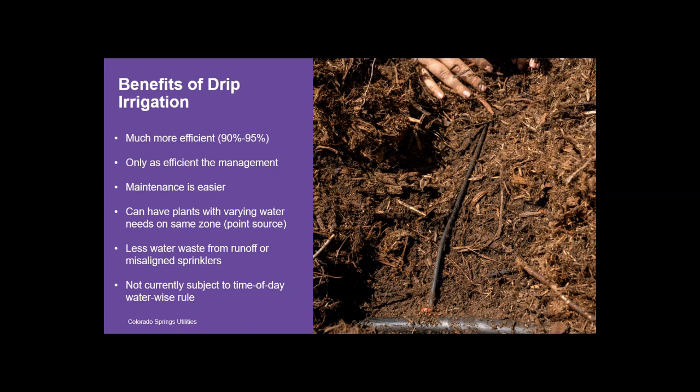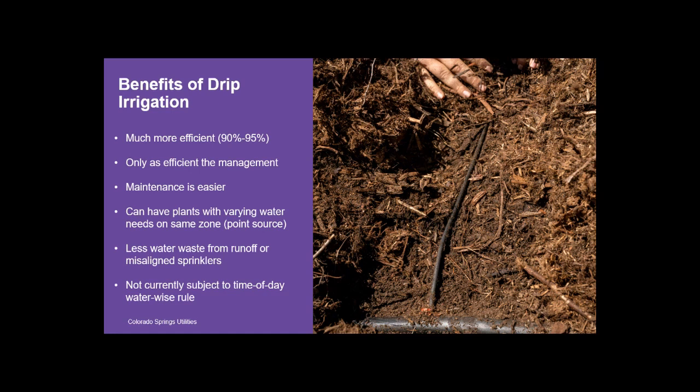We're losing it either through runoff, oversaturation, or evaporation or wind drift. Versus drip irrigation, which is 90 to 95% efficient, and that 5 to 10% is only lost through evaporation. So we're not having to worry about runoff or oversaturation.